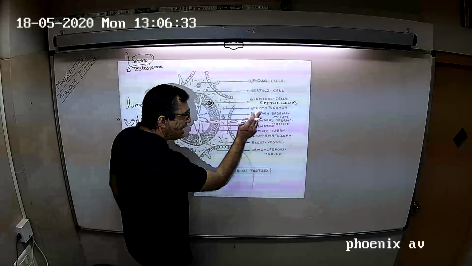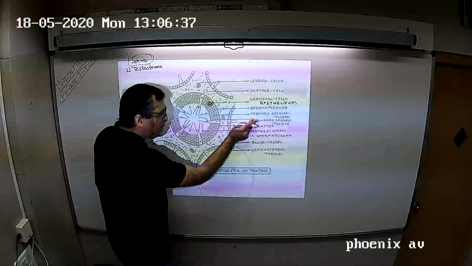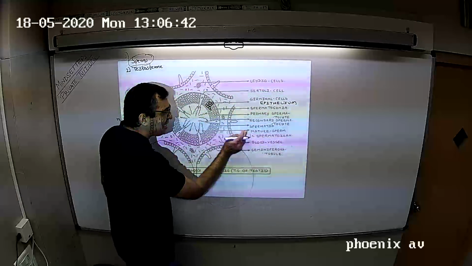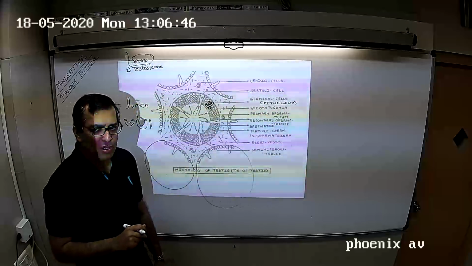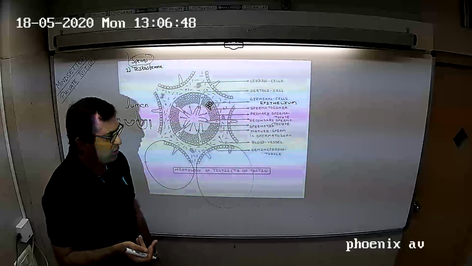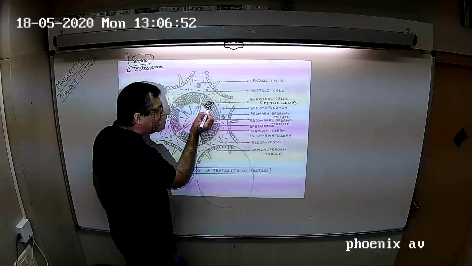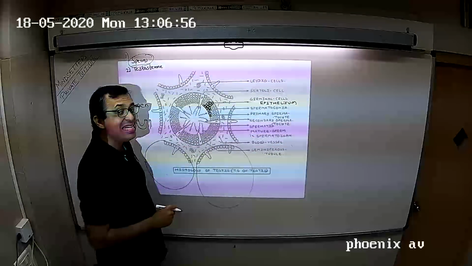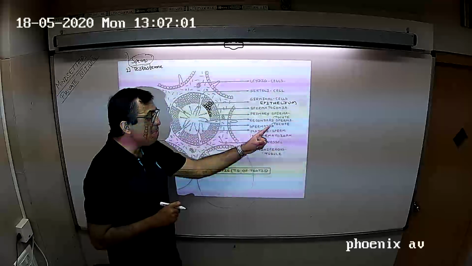What does spermatogonia divide to form? Primary spermatocyte. Primary spermatocytes then form cells which are called secondary spermatocytes. What do primary spermatocytes form? Secondary spermatocytes. Secondary spermatocytes divide to form cells which are called spermatids. What do secondary spermatocytes form?